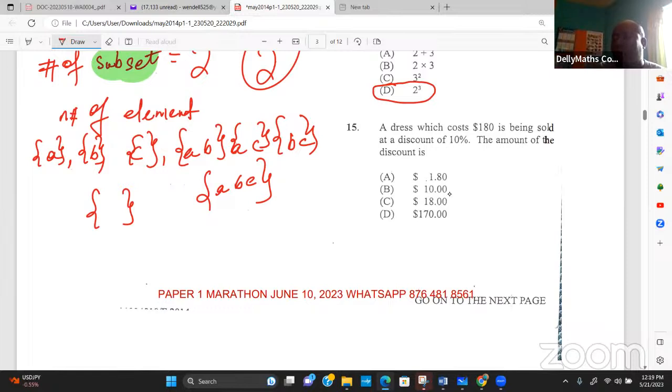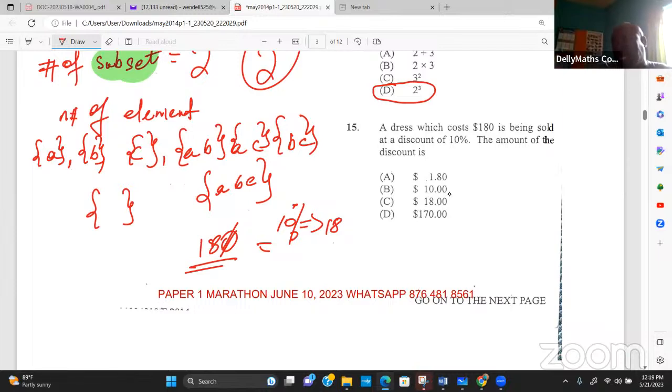They can't give other than these because it's a no calculator. 10% of anything is like dropping off a 0 at the end. So if this is the number, 10% of this is 18. Because it's just to drop off a 0. Or if you want to say, move the decimal point one place to the left, that's 10%.